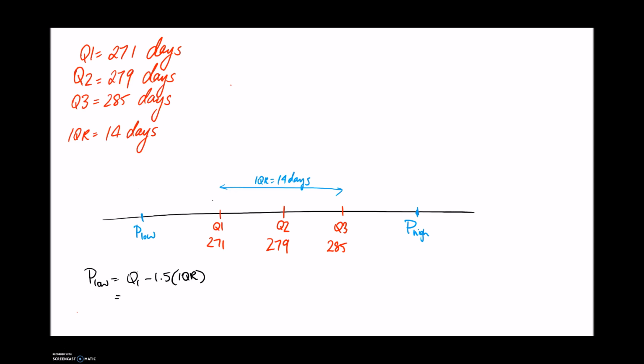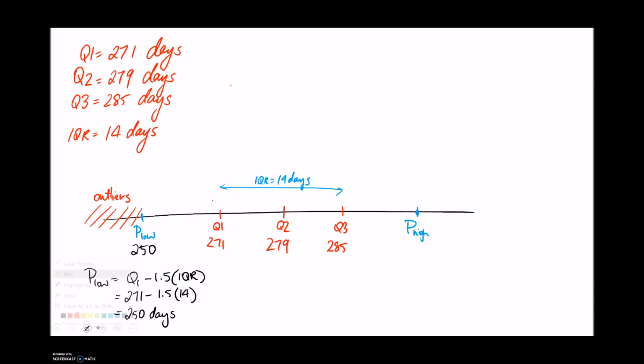Substituting in, Q1 we know is 271, and IQR is 14. If you type that into a calculator, you find that this is 250 days. So that's where that point sits. What that means is if we have any values lower than it, they're going to be classed as outliers. We can do the same thing on this end.